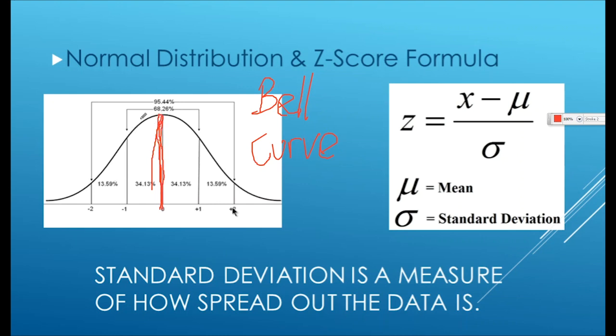The bell shows the normal distribution and the different standard deviations. 34% from the mean, up or down, is the first standard deviation. Another 13.5, 13.6% from there is the second standard deviation. And then the last, about 1 or 2% more on this side, would be the third.